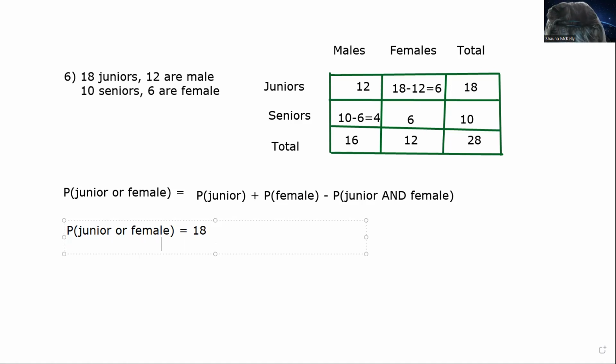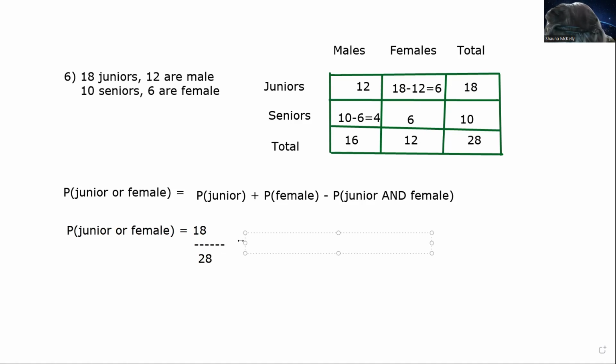Well, this is out of the whole group. So 18 out of 28. Okay. Now, the probability of being female, what's that? Well, that's 10 out of 28. That's 10 out of the whole group. So here I have plus.